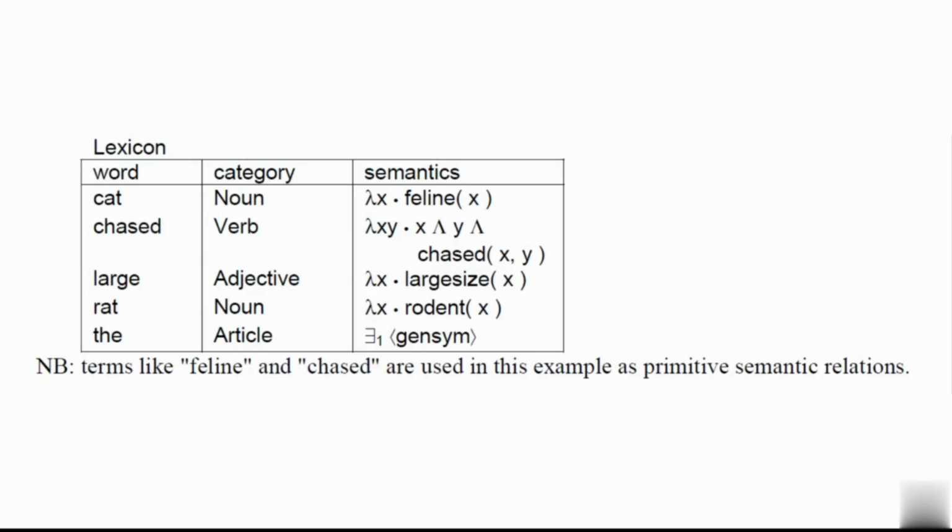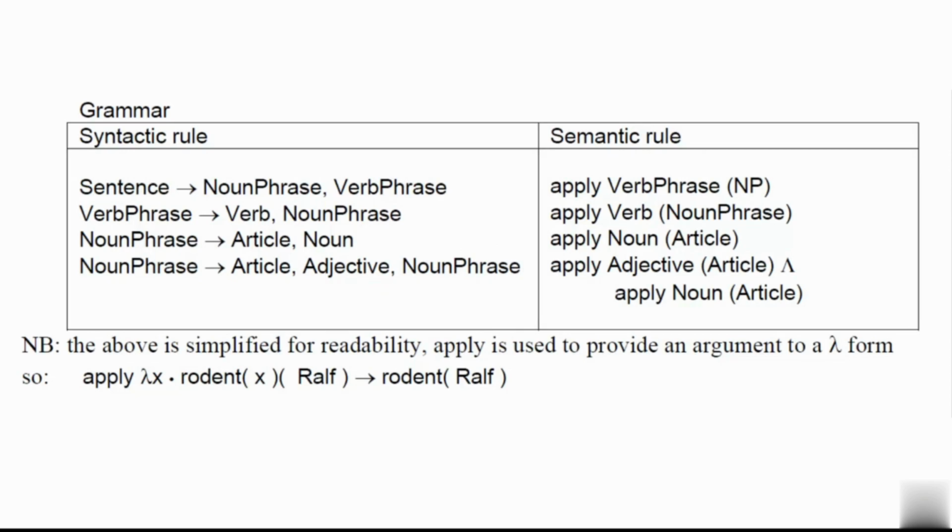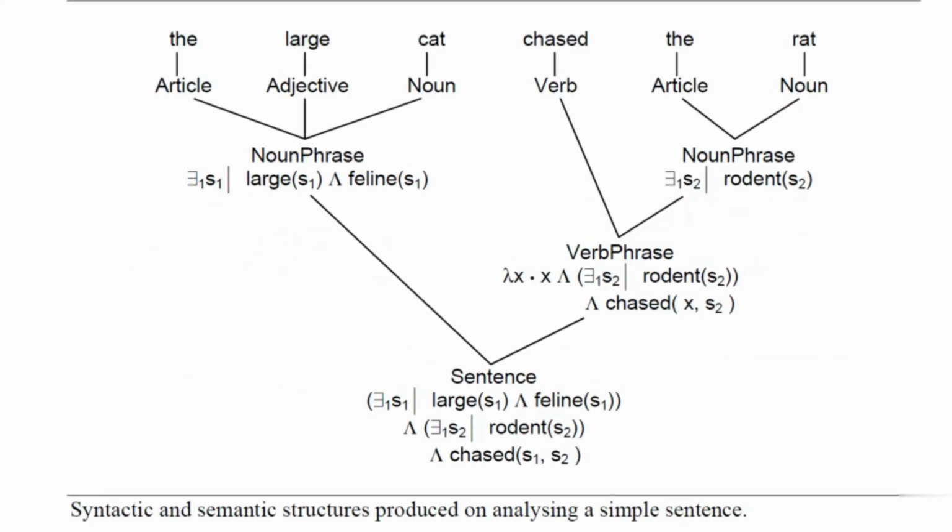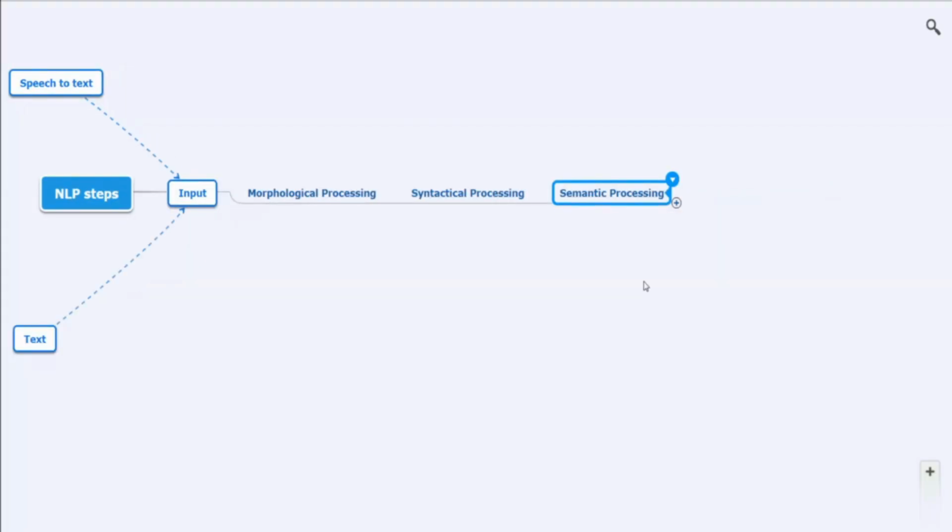An example is to reduce the information after syntactical parsing, using logic, knowledge of word meanings, and rules, to a primitive semantic representation of the information. So, a sentence like the large cat chased a rat can be reduced into a meaning such as large feline rodent chased. The true meaning of the sentence can be only understood with the context.